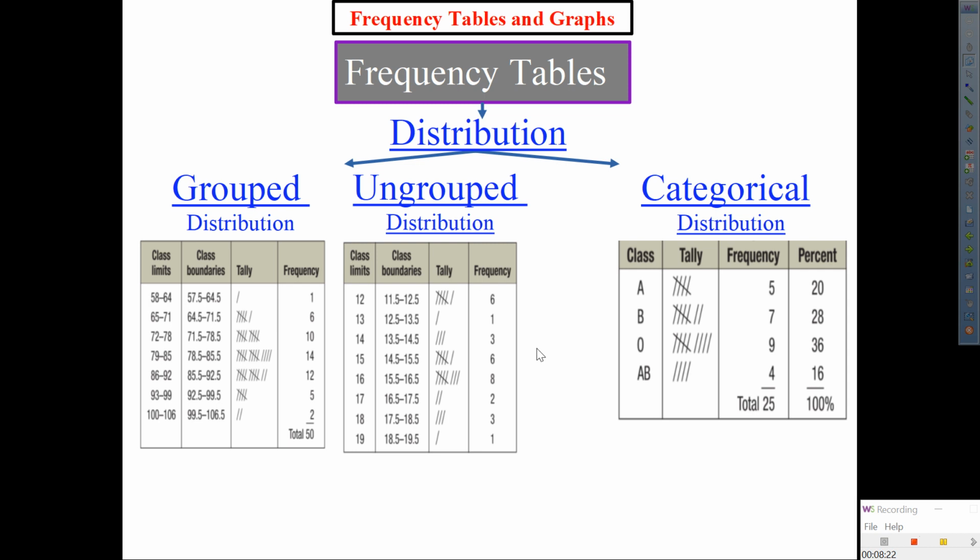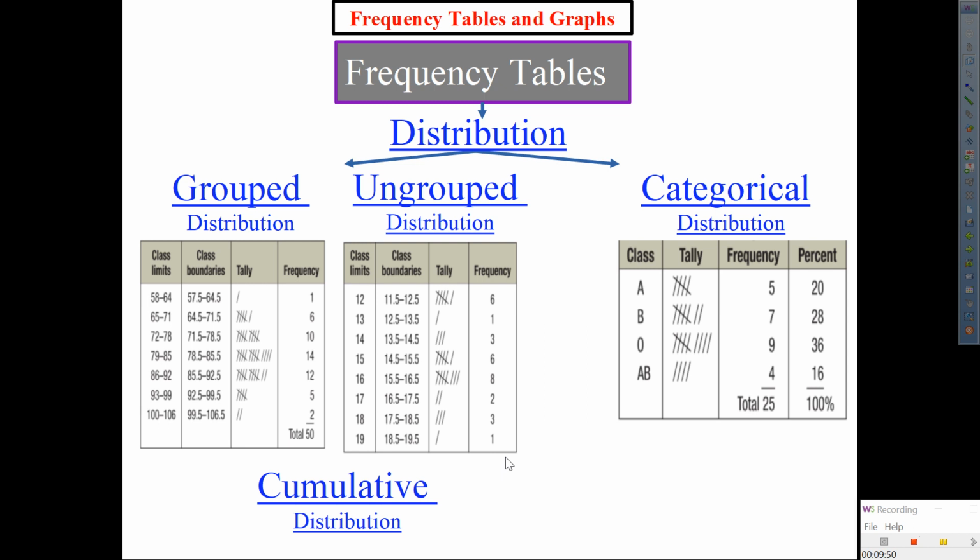That is correct. The one that said less than, that's known as cumulative distribution. That we can make for either the grouped or the ungrouped. So, cumulative distribution, just wanted to mention it in passing. Any questions so far?